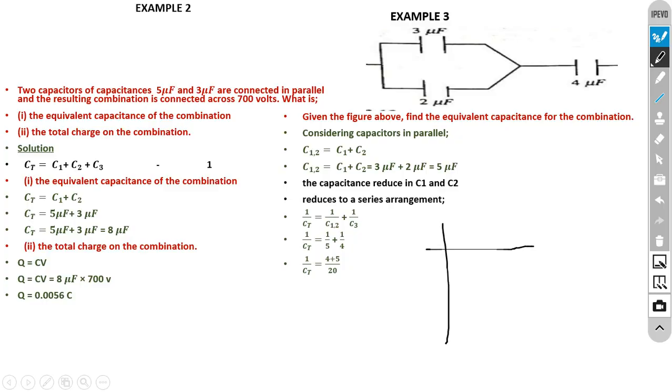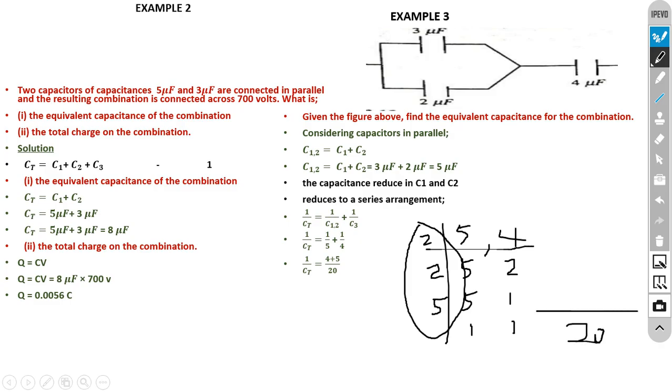Use the lowest term to divide. 2 cannot go into 5, I bring 5 here. 2 into 4 is 2, I bring 2 again. 2 into 5 cannot, I bring down 5. 2 into this, 1. I now bring 5 here. 5 into 5, 1. I bring this one down. You now see 2 times 2 is 4, 4 times 5 is 20. So we now use that LCM 20.